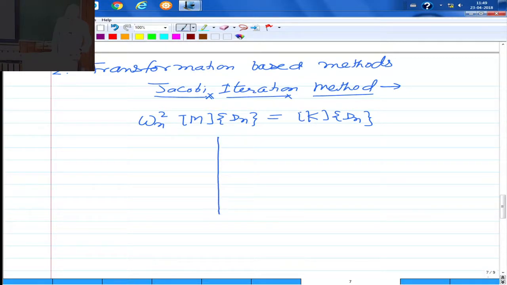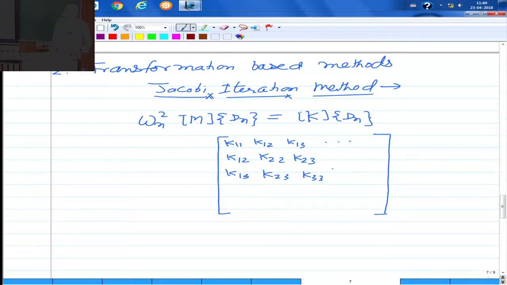Let me explain first with K. Let us say we have K11, K12, K13 and so on. Similarly you have a symmetric matrix, so K22, K23, and K13 symmetric, so K23 and K33, like that.